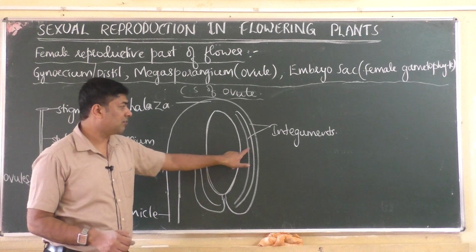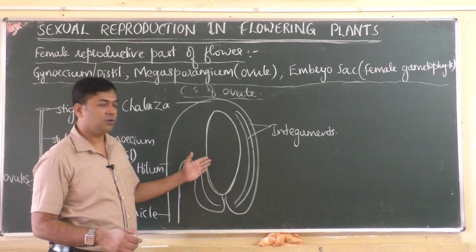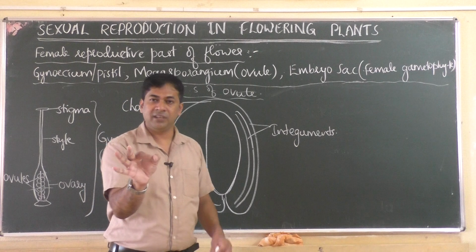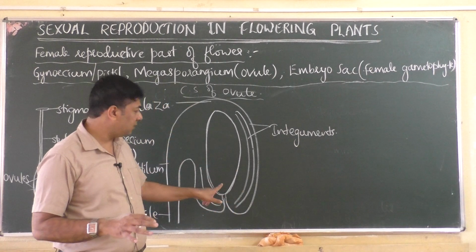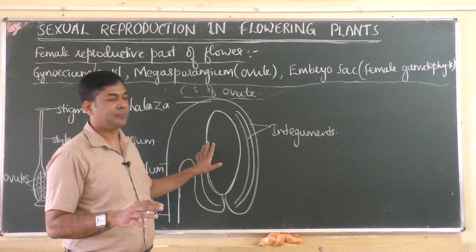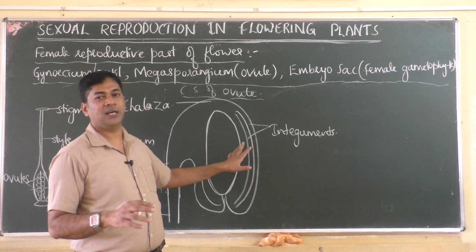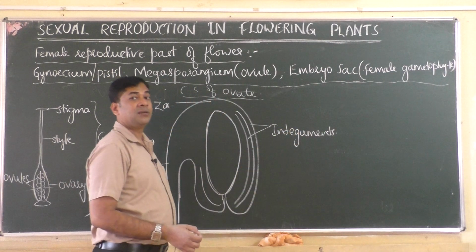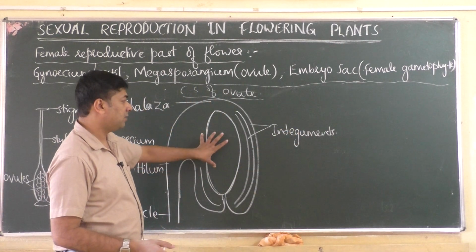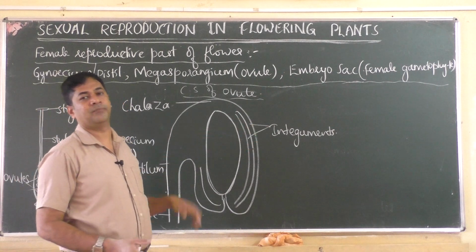They are the outer covers, they protect the ovule. Like if you tap the ovule with your finger, the inner part of the ovule and the egg will not be disturbed, because the integuments will protect. They are protective layers. Later these integuments will become the seed coat when the ovule becomes a seed.